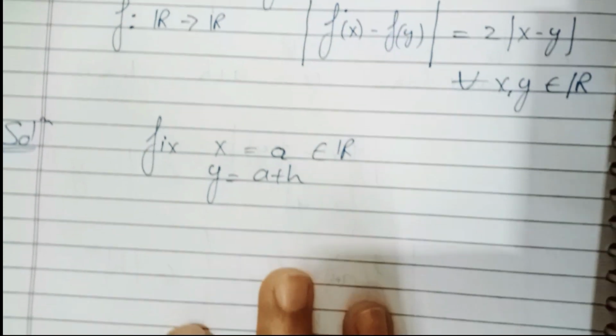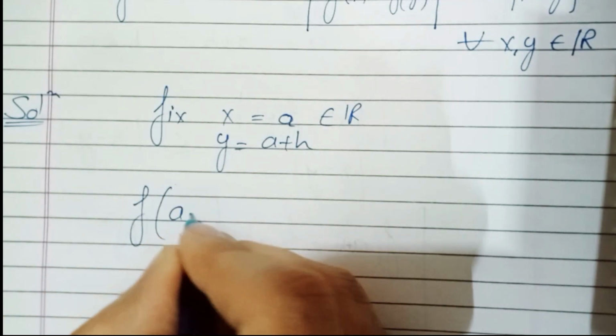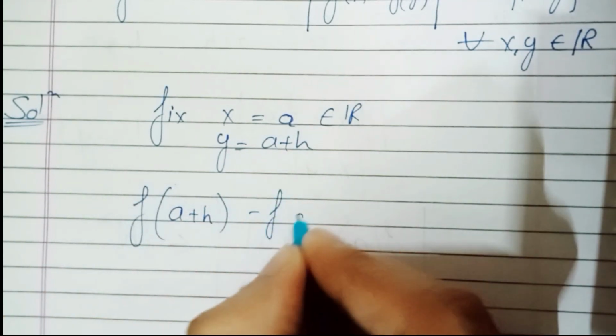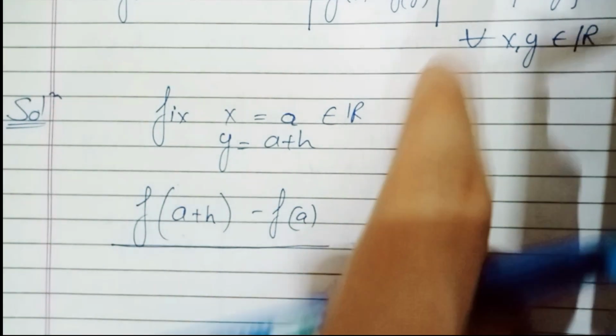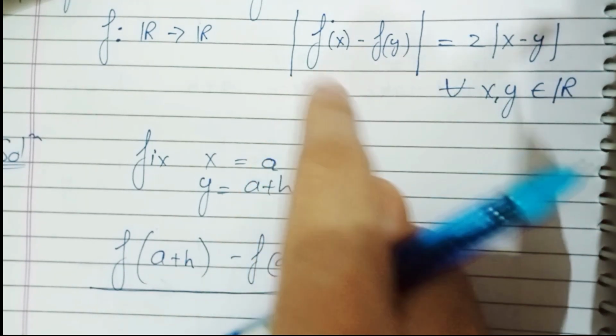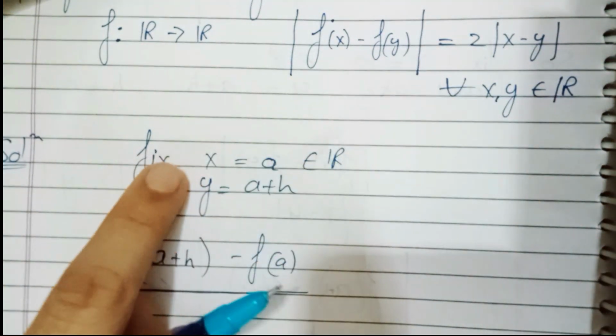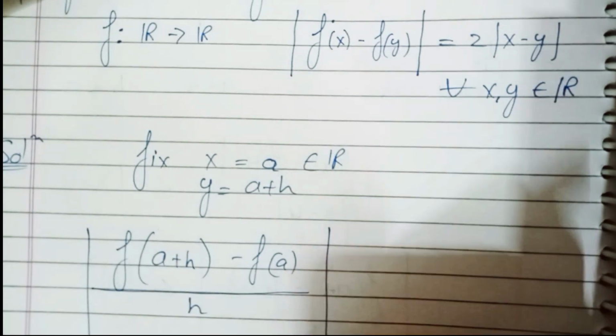Okay, no problem. Then what they would have done is f of a plus h minus f of a, divided by, they would bring this thing down, x minus y, and x minus y would become just h. You would have this.